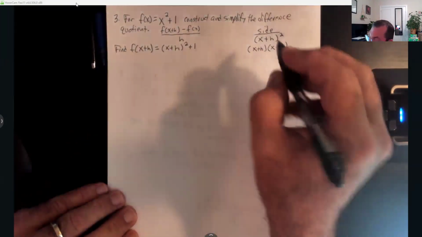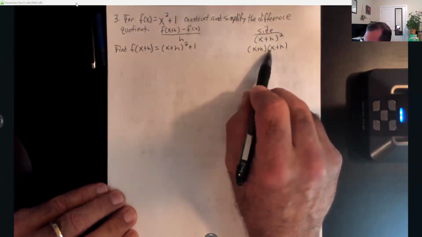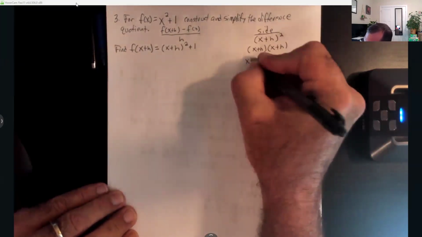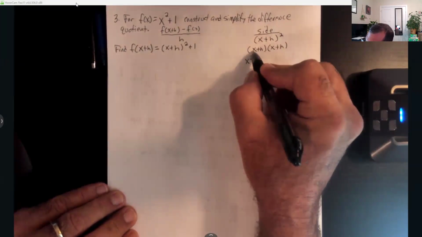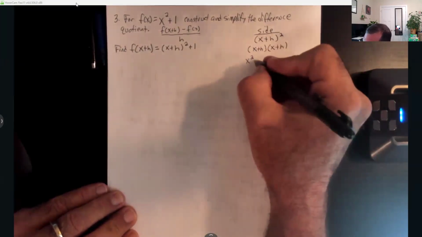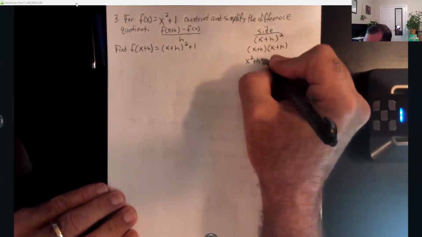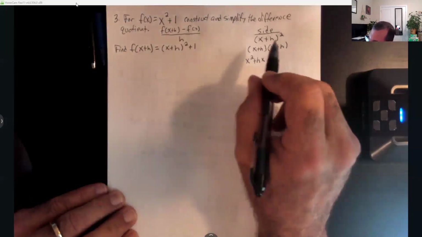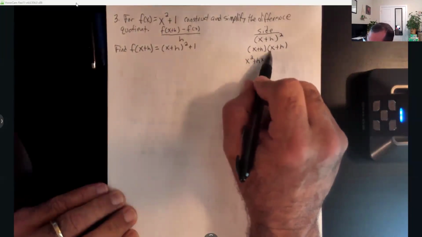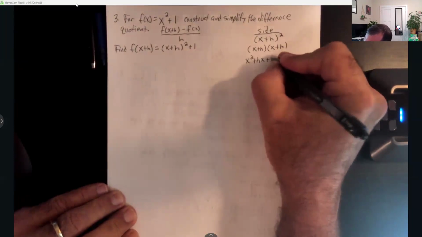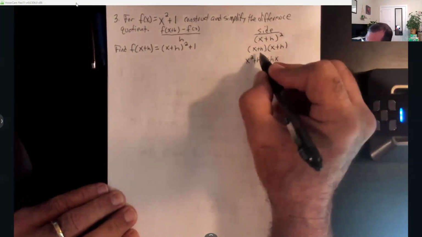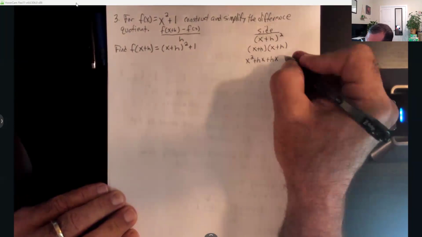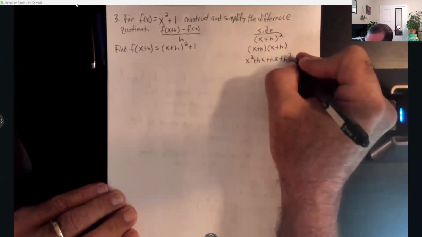So we're going to FOIL that. X times x is x squared. X times h is a hx. I'm just putting them in alphabetical order. H times x is another hx. And then h times h is h squared.